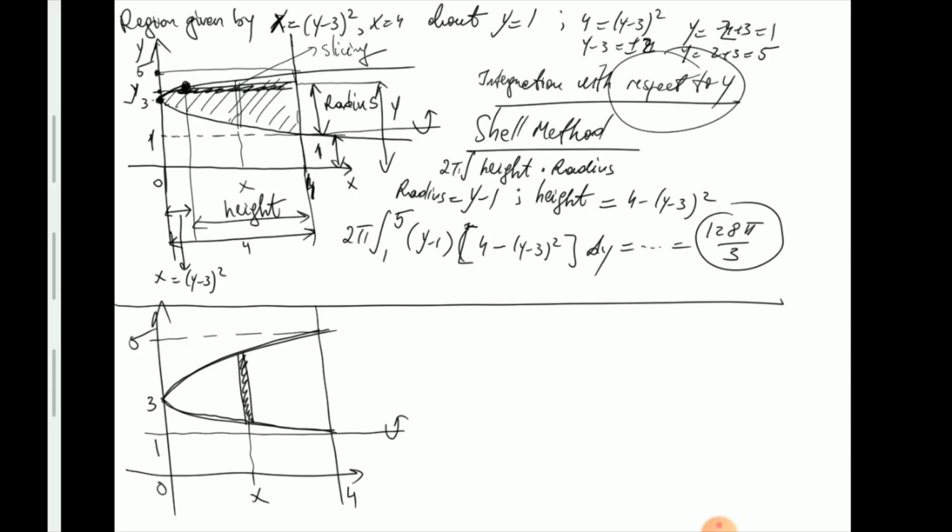So I have to get the parabola in terms of x. I solve for y minus 3, and it's plus or minus root x. There are two branches, one with plus, one with minus. So there's an upper branch, y equals 3 plus root x, and the lower branch, y equals 3 minus square root of x.